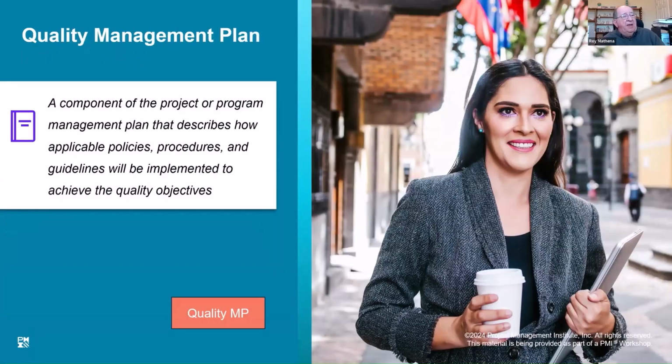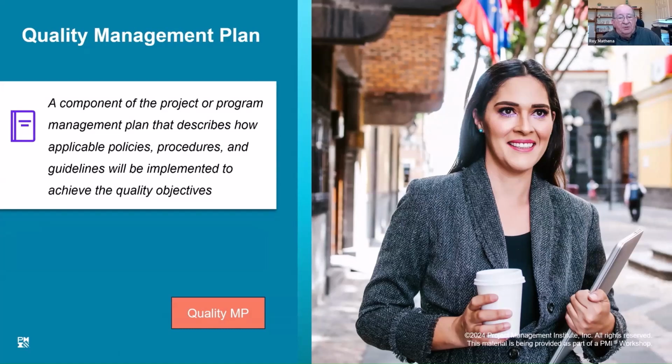The quality management plan. Quality management plan is often an extension of the organization's quality management plan. Your organization may have one, it may not, especially with regards to testing and rollout implementation activities.